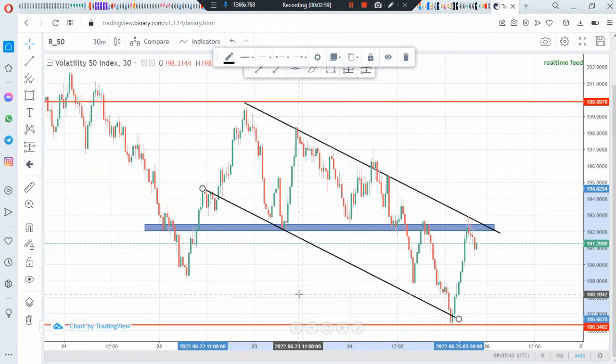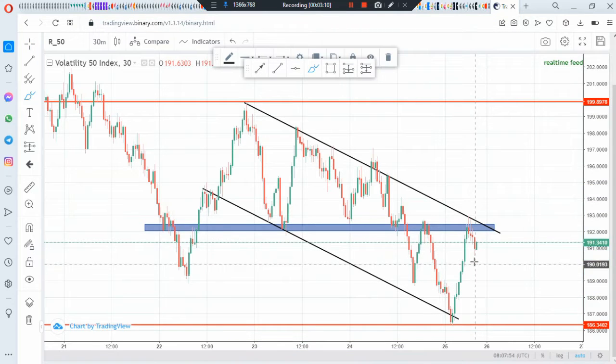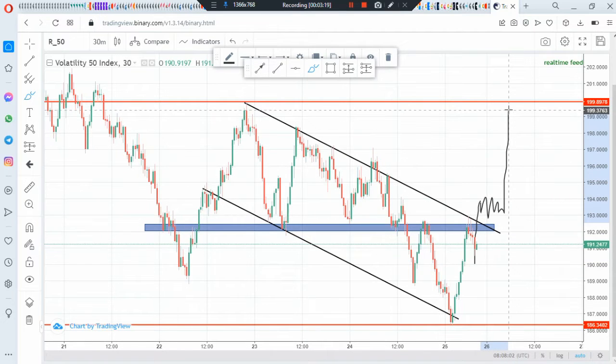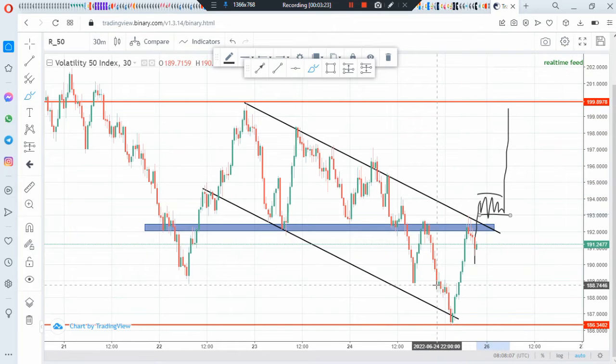So I'm waiting for two things: breaking above my demand and supply line, then breaking outside the trend that I've drawn. I'm waiting for this to come here, break, maybe give me a form of a structure here, a retest, then look for a buying position to the upside.